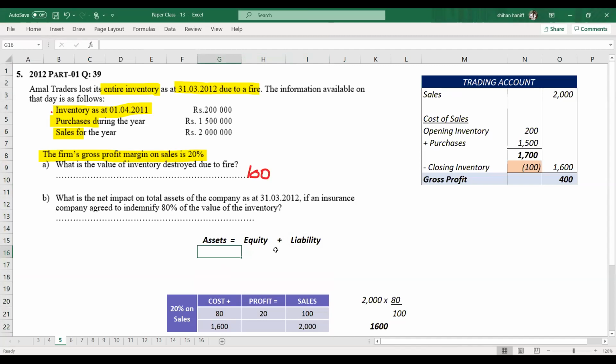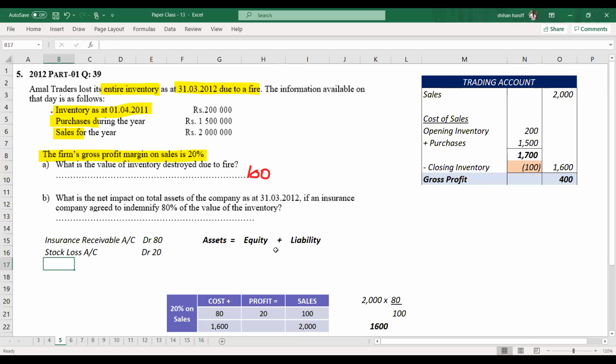So if the stock is destroyed, the double entry for the stock destroyed is, now since we are receiving 80%, the insurance receivable account will be debited by 80,000. I'm writing the double entry for this. And the stock loss account, which is in the income statement, will be debited 20,000.